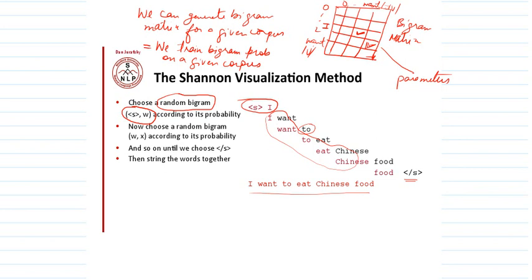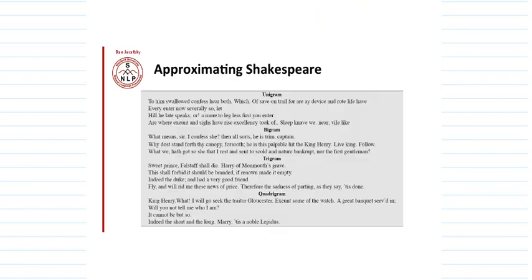So based on the language model and giving it an initial random bigram, the machine can generate this kind of sentence. People have done a lot of experiments on different corpora.